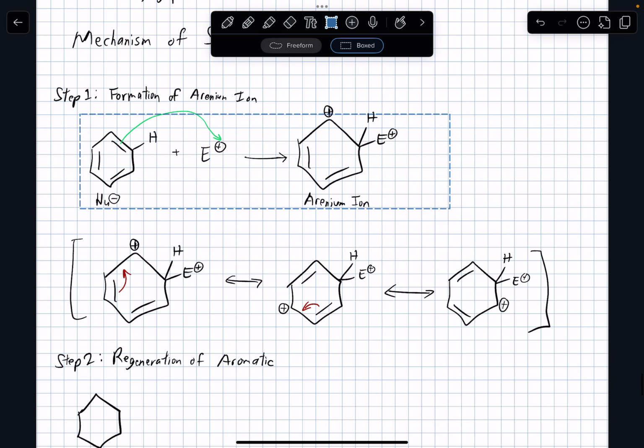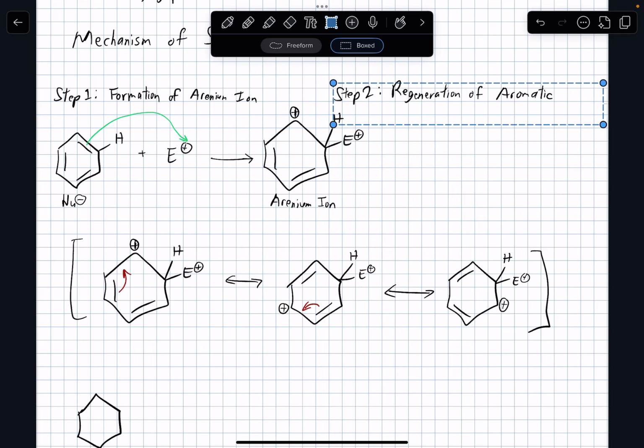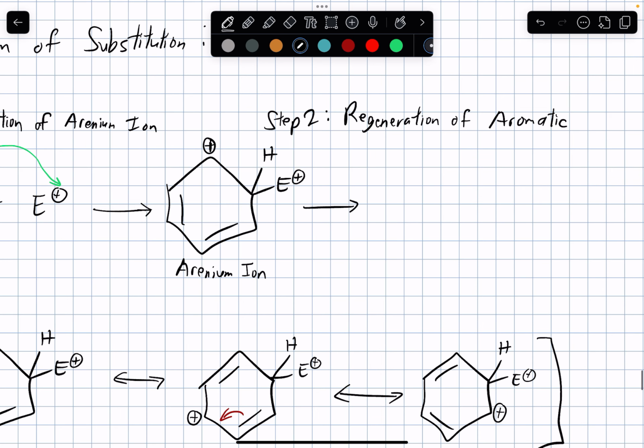Actually, let's write the step 2 here already. I don't think we have to put it downstairs. Okay. Regeneration of the aromatic ring. So we need the base. We need something that is basic in the solution. It basically has to contain a lone pair or a negative charge.